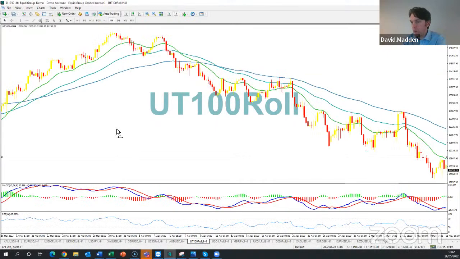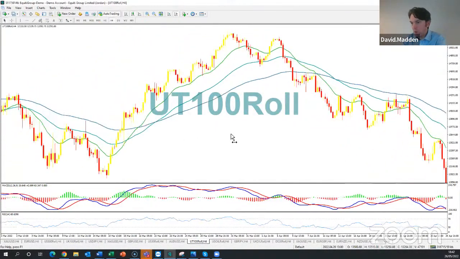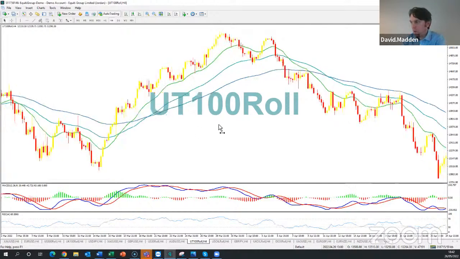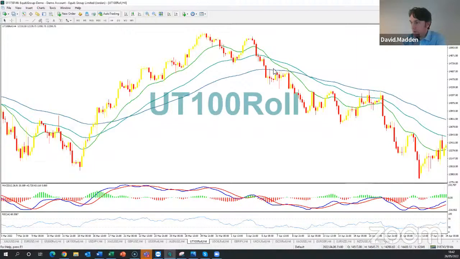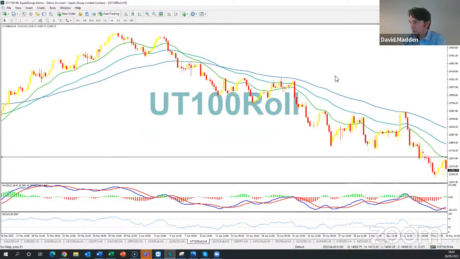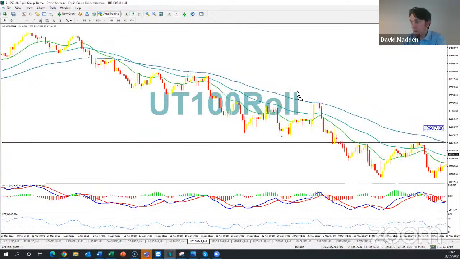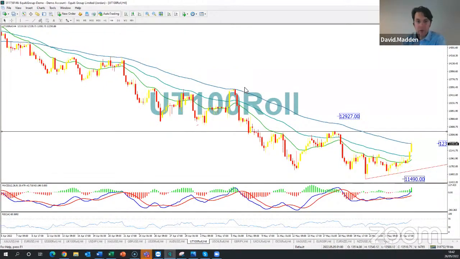In the grand scheme of things, it almost acts as resistance. It acts as a consolidation zone here, and as a resistance zone here, here and here. There are several occasions where the 100-period moving average has acted as resistance in the last couple of months.